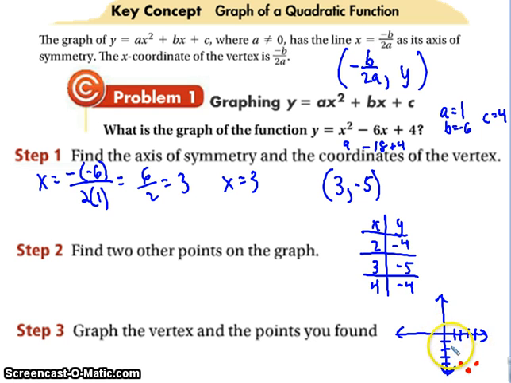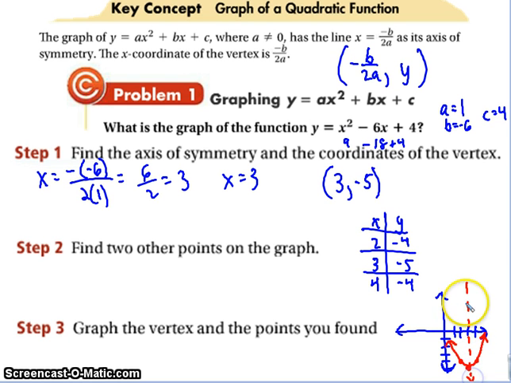I might have to continue this a little bit, maybe add another number on either side, but what I end up with is a parabola that looks like that. And I have this line that goes down through the center that splits my graph into 2 parts. So I would probably go back and do 5 and 1 as well, just to have a few more points that I can plug in.